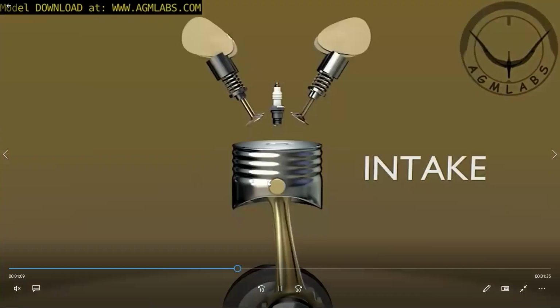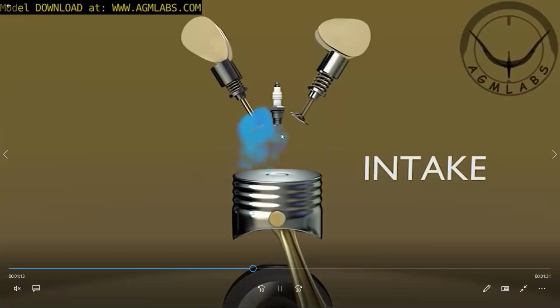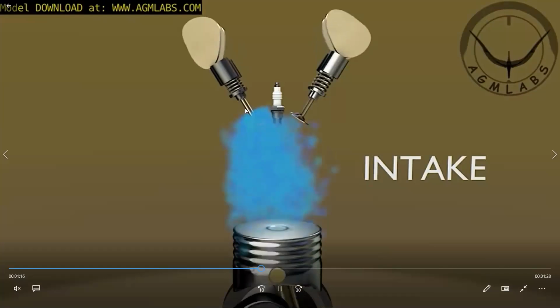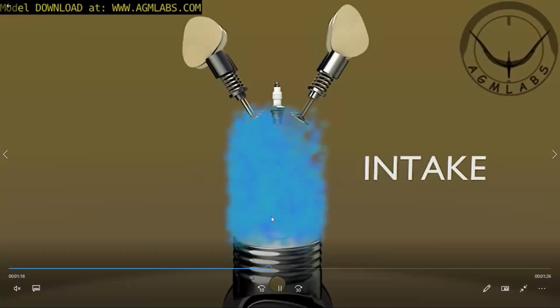It is timed so that at the proper time the mixture comes in.